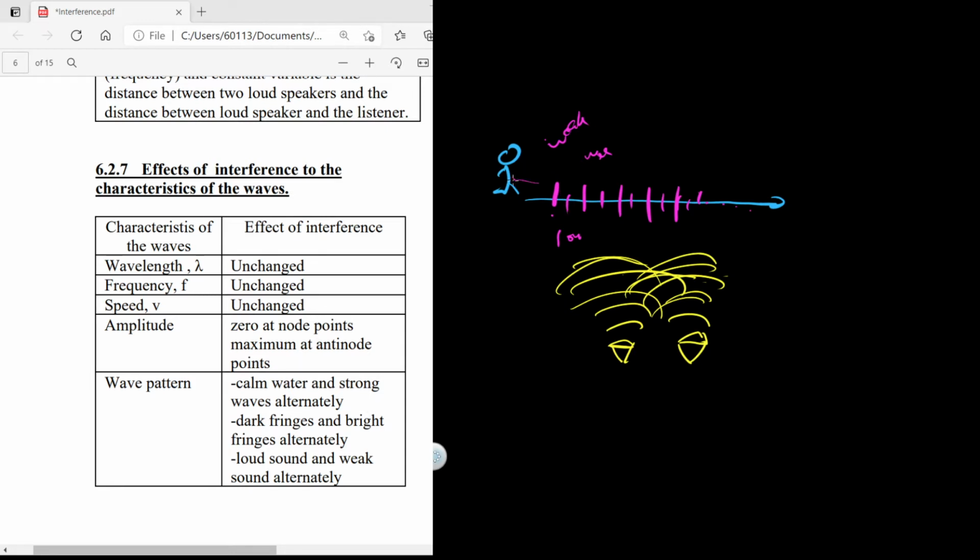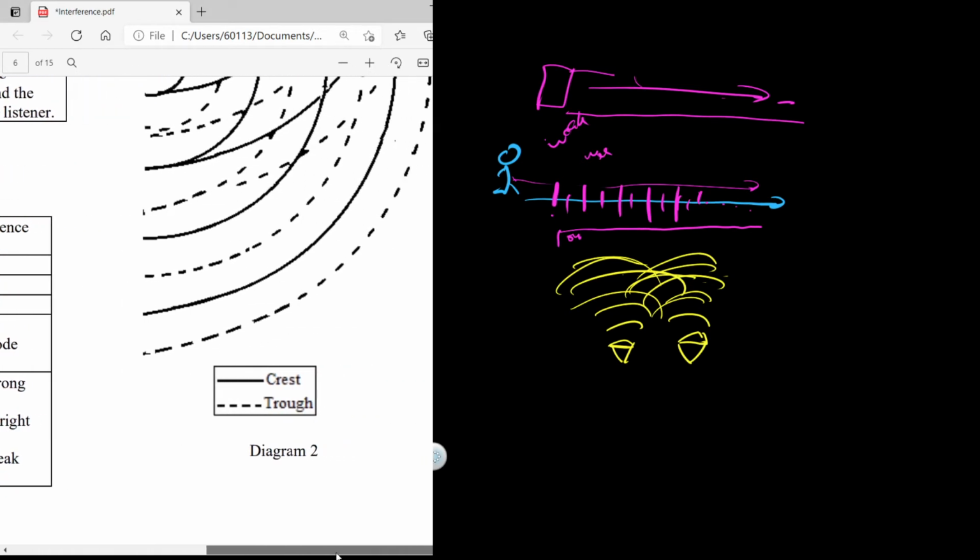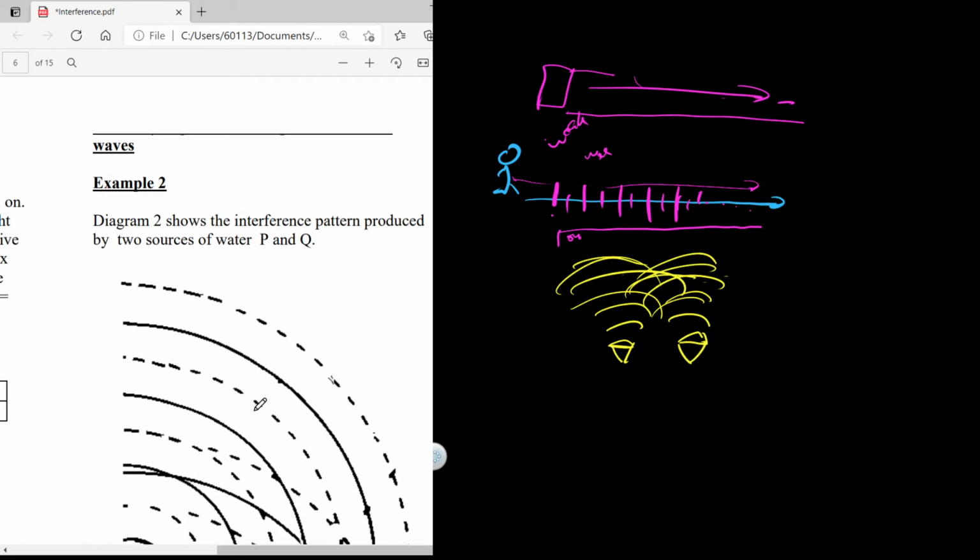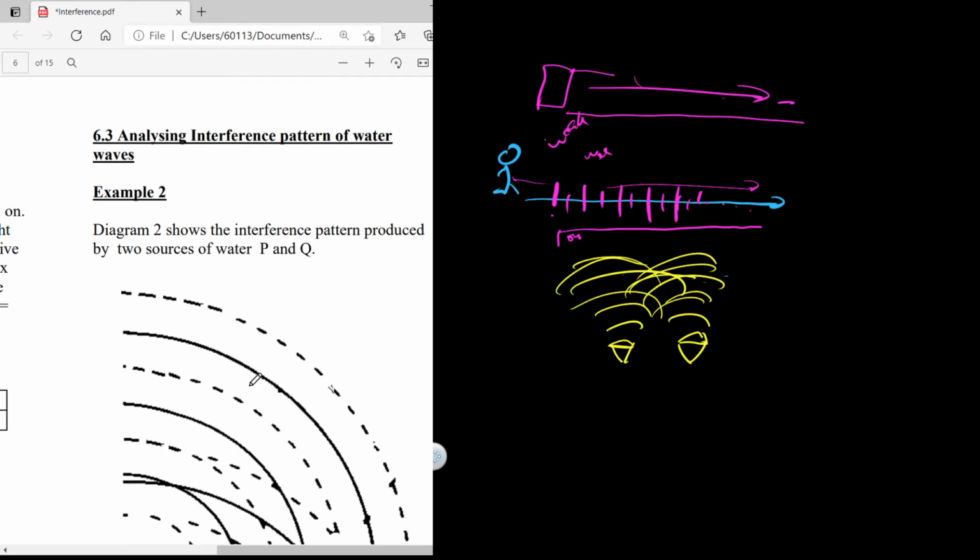Just like what happened to the light wave, which produces bright, dark, bright, dark, for sound waves it will produce loud, weak, and loud, weak. So that is what happens during the interference process.